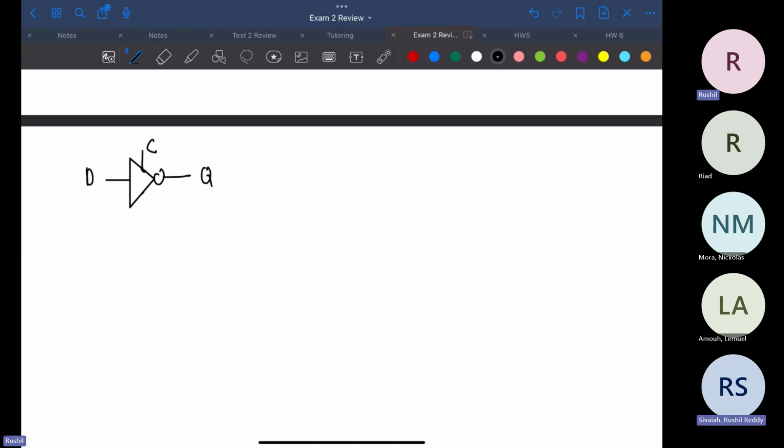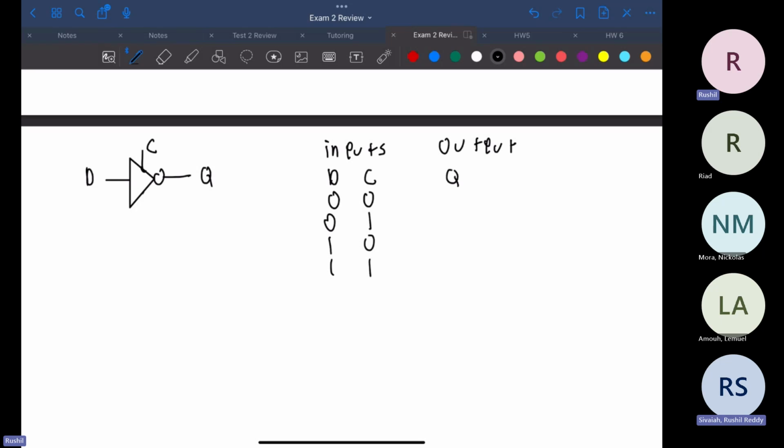Who knows the truth table for this? How many inputs do you have? Two inputs. How many outputs? One. Okay, so we'll start with that. Our inputs are D and C, and our output is Q. We're going to do all of our possible values.